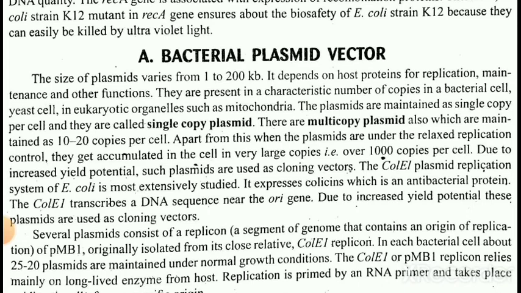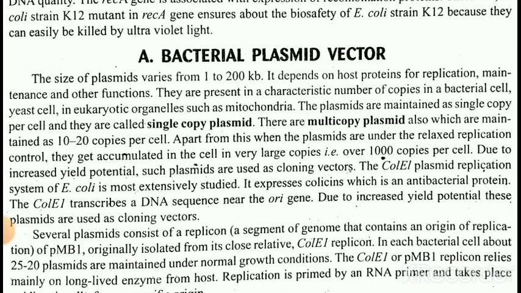There are also multicopy plasmids, which are maintained as 10 to 20 copies per cell. Apart from this, when plasmids are under relaxed replication control, they accumulate in the cell in very large copies, i.e. over 1000 copies per cell. Due to increased yield potential, such plasmids are used as cloning vectors.